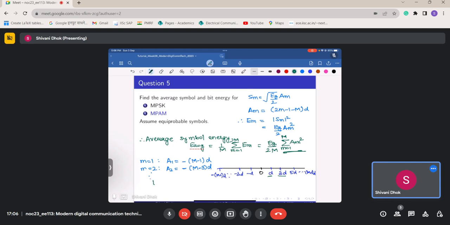So this summation I can write as d square plus 3d square plus 5d square and so on till (M minus 1)d square, plus minus d square plus minus 3d square and so on till minus of (M minus 1)d square.